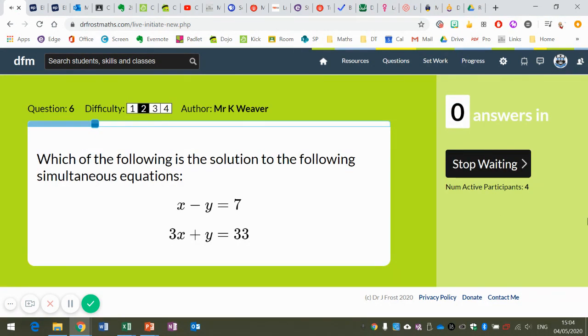Right, this one is asking you to work out the answer. So I'm going to give you a little while. We're going to finish on this one. Let's see if we can go out in a storm. Can you work out what x is and what y is?